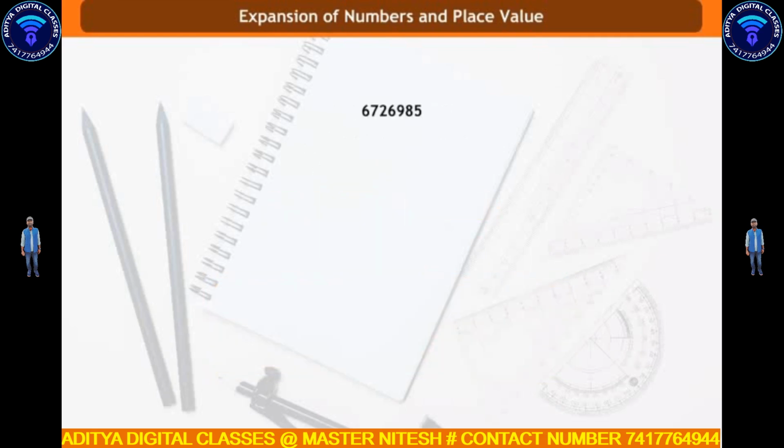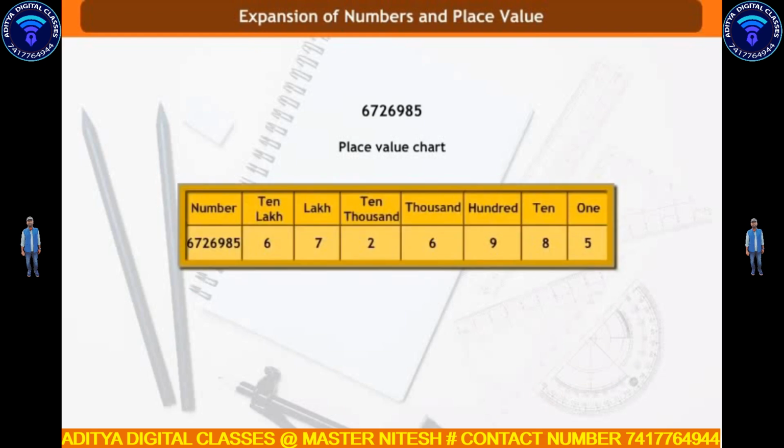Now let us take a large number, 67,26,985. The place value chart shows the place value for every digit. The place value of 5 is 1. The place value of 8 is 10. 9 is 100. 6 is 1000. 2 is 10,000. 7 is lakh, and 6 is 10 lakh.